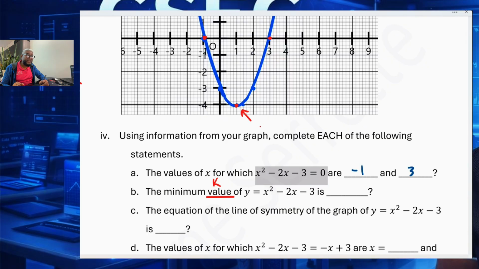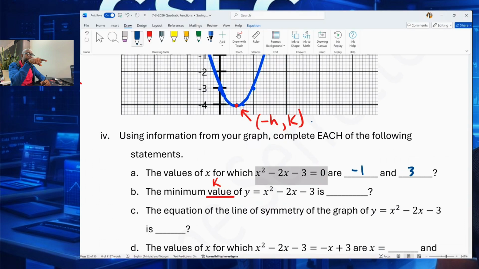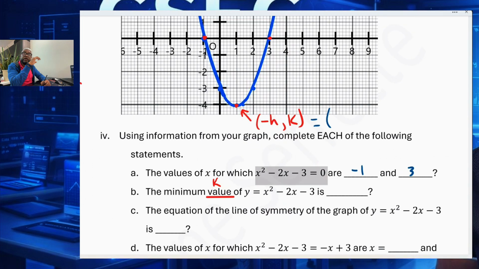It will be -h comma K. And what would -h comma K be here? -h is actually going to be 1. So leave it as 1, comma, what is K? K would be -4. So therefore, the minimum value of my quadratic y is equal to x squared minus 2x minus 3 would be -4. We winning or we losing?